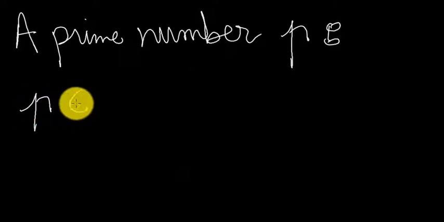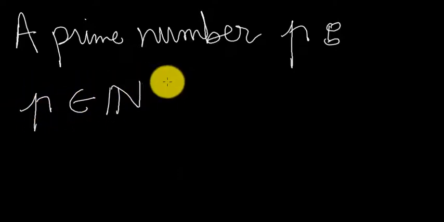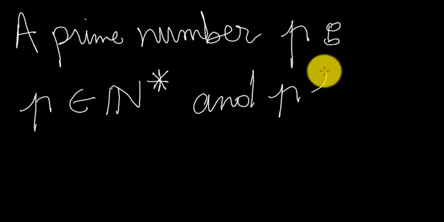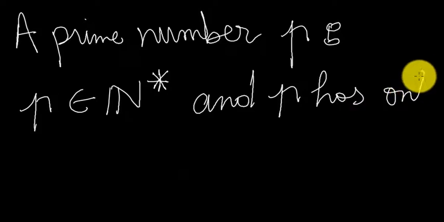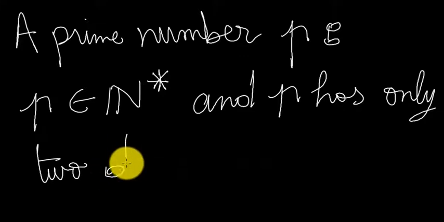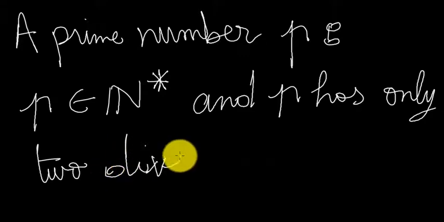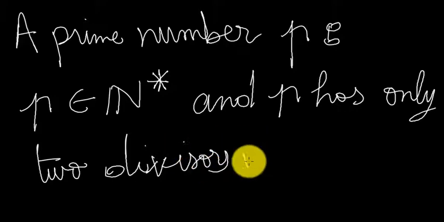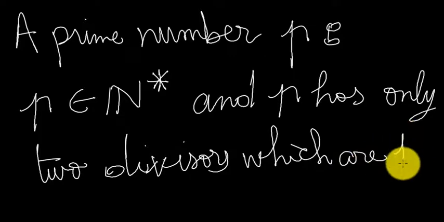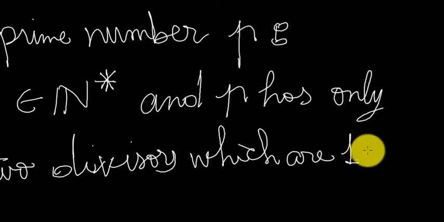It's a natural number which is not equal to 0, so bigger than 1, and P has only two divisors, which are 1 and P. So only 1 and P divide P.